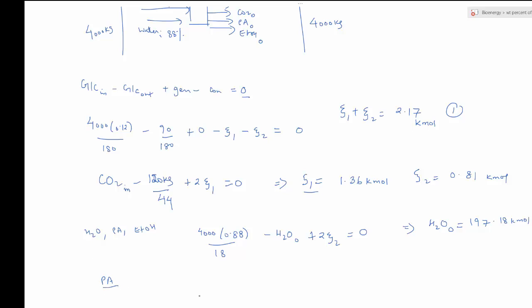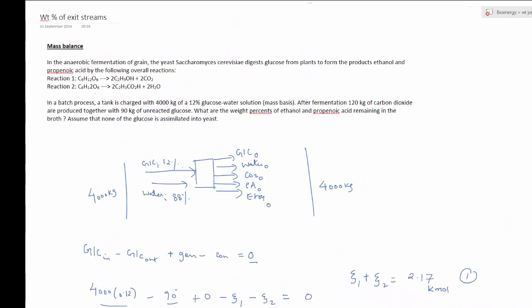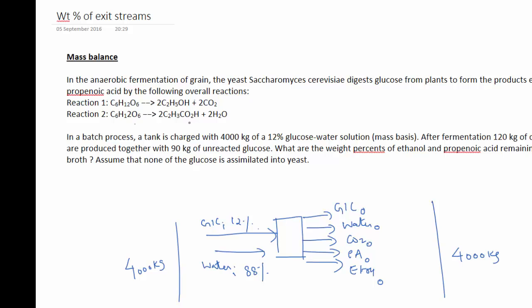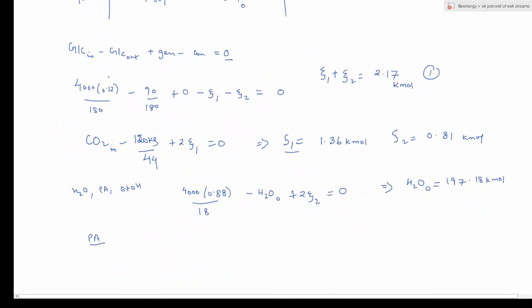So now propionic acid. It's produced in the second reaction. Nothing is coming in and it will go out in proportion to the moles of Xi2 which has reacted in reaction 2. So propionic acid, nothing is coming in, so that's going to be 0.